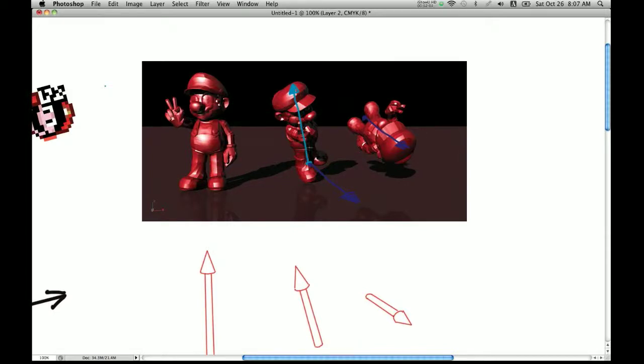So for this video and the next few videos, we're going to be dealing with an orientation plane, but we're not going to care which direction Mario's nose is going, really. But so anyways, the orientation vector is the vector that's going to store the information of rotating this Mario around to this Mario.